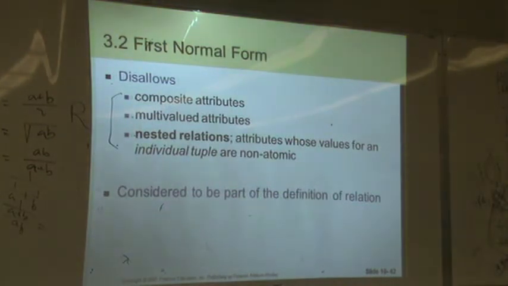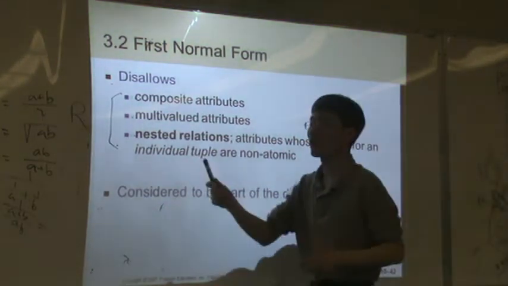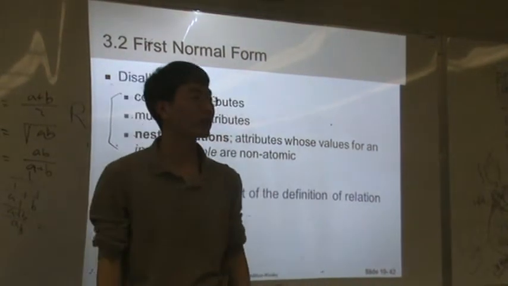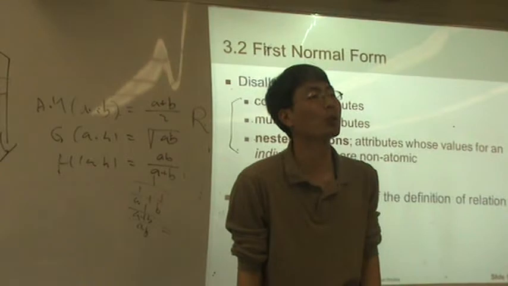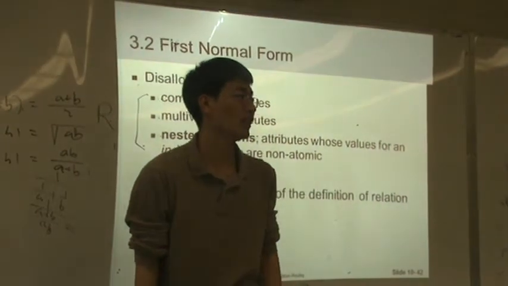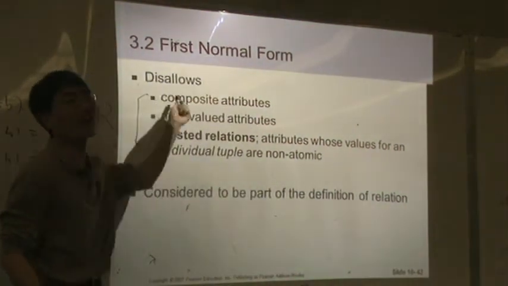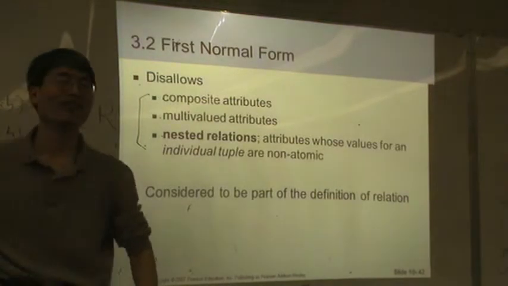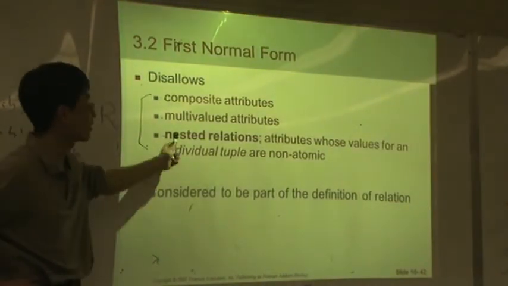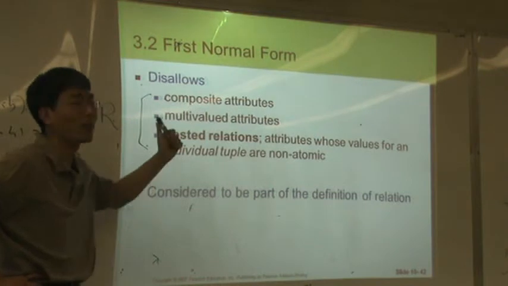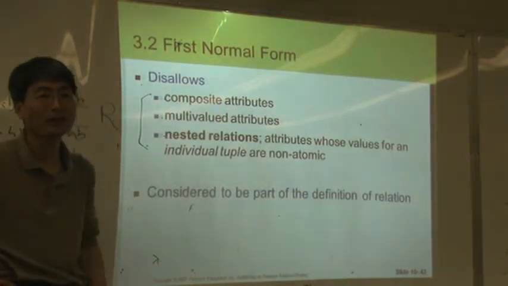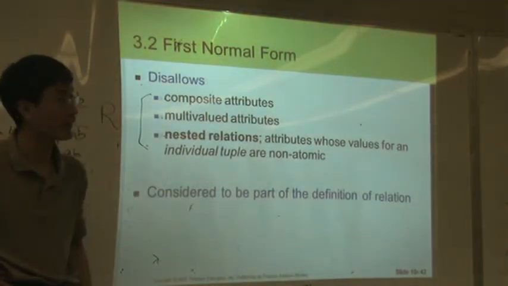Okay? Somebody may be curious. What about the object-oriented database? Object-oriented database, actually you don't need a normalization process. All of these are allowed in the object-oriented concept. The nested relation, definitely, that's the benefit of the nature of the object-oriented concept. You can use the class, right?